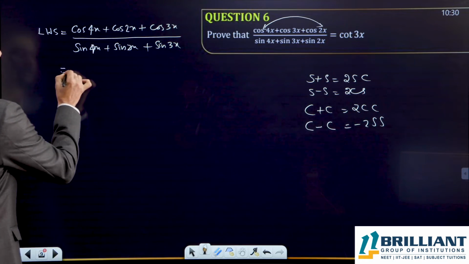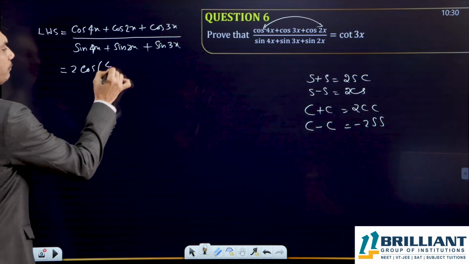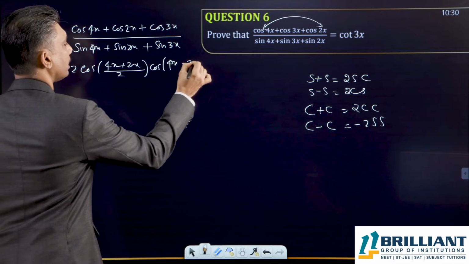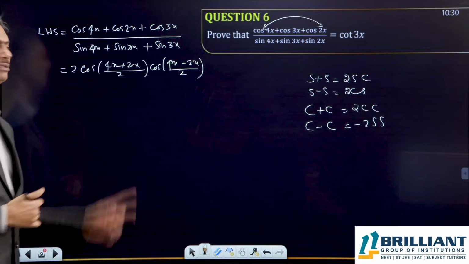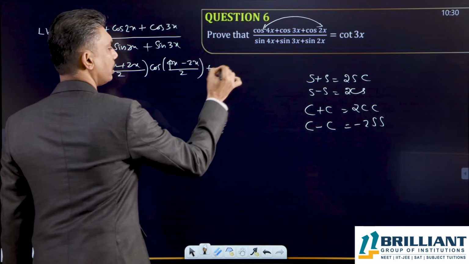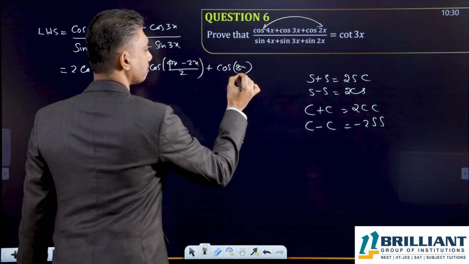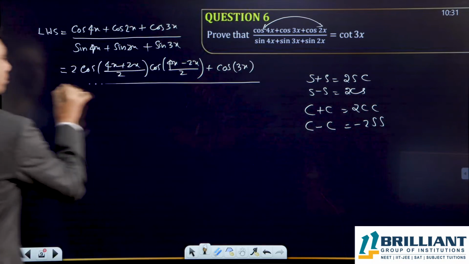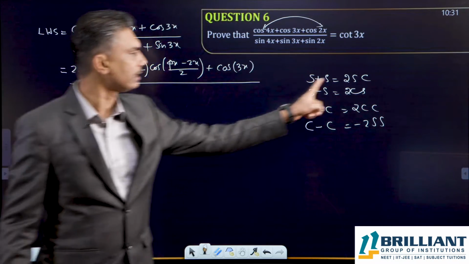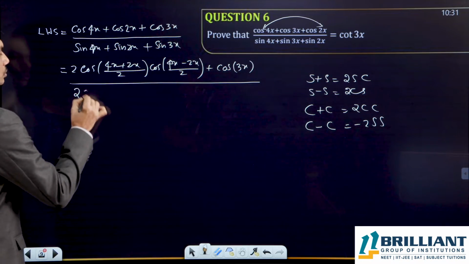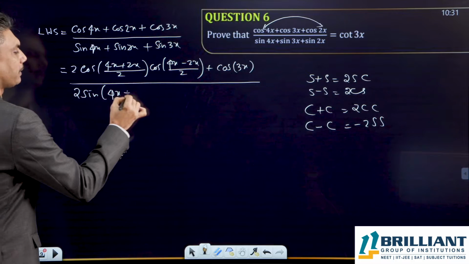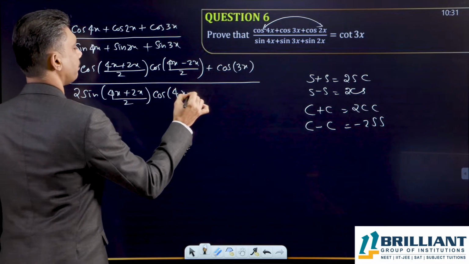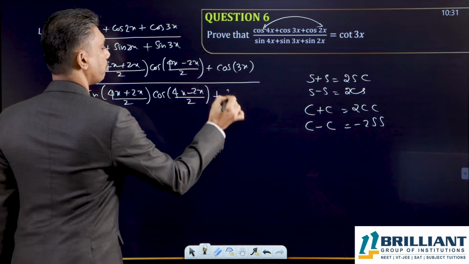So, I can rewrite this as 2 cos 4x plus 2x by 2 into cos 4x minus 2x by 2. You can directly write the answer, no need to write this step if you are already thorough with this one, plus cos 3x by, what is sin plus sin? Sin plus sin is 2 sin cos, that is 2 sin 4x plus 2x by 2 into cos 4x minus 2x by 2 plus sin 3x.